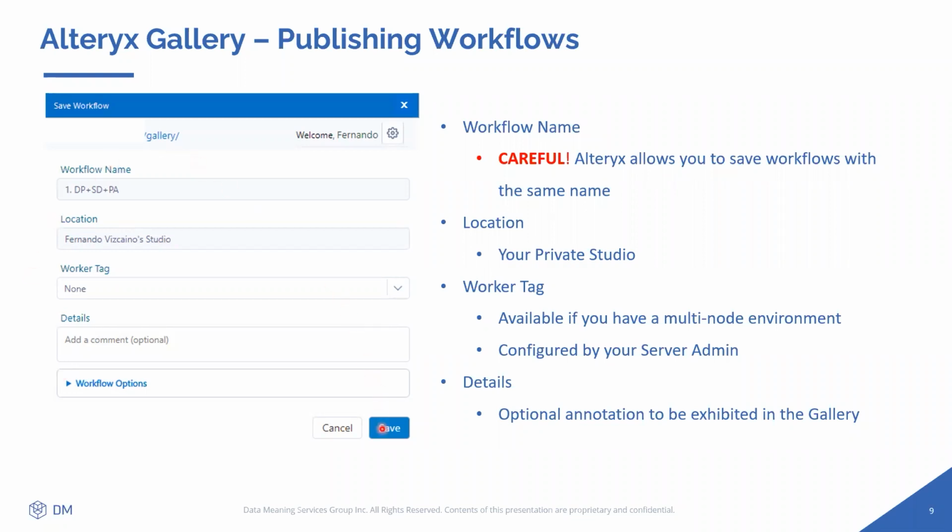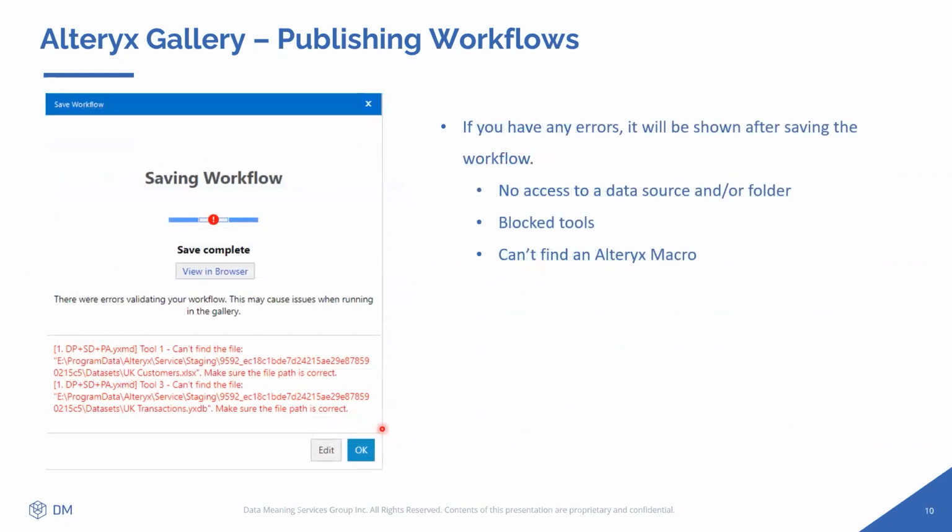After you press save, maybe you're going to experience something like this. So you can have different errors when you try publishing the workflow to the gallery, but basically it will be one of these three. It can be that you don't have access to a data source or a folder, a shared folder, right?